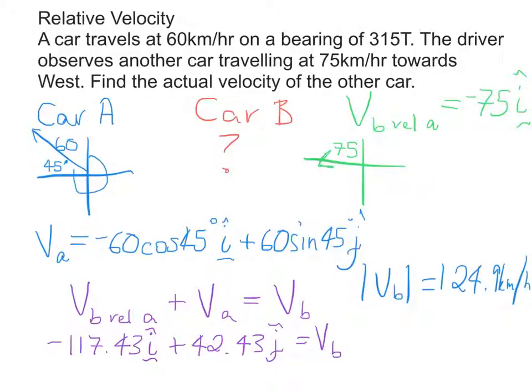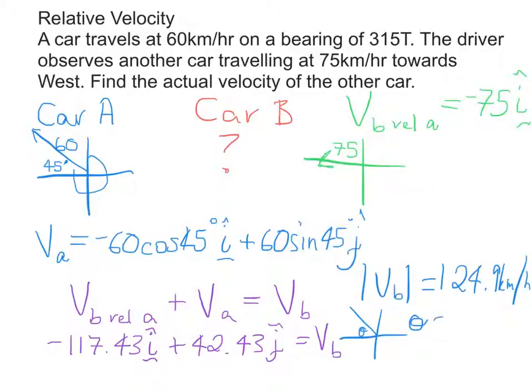Okay, now we're just going to find the direction. So if you graph this here, we have negative, plus, so it's somewhere up there, so I'm going to find theta.